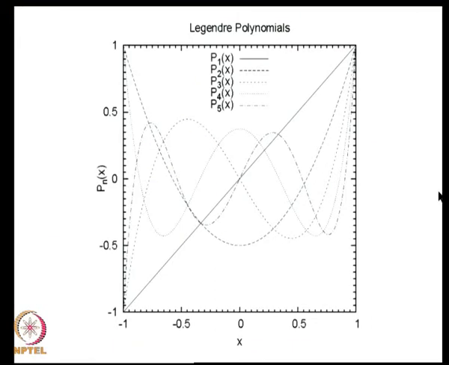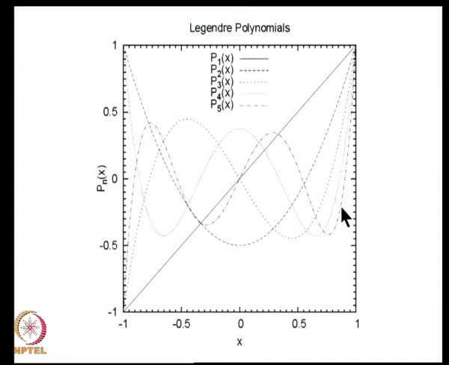These functions were discussed earlier. So, this is an example of the Legendre polynomials of order 1, 2, 3, 4, and you can see that the first polynomial is a linear function, the second is a quadratic, and the third is a higher order, and so on.